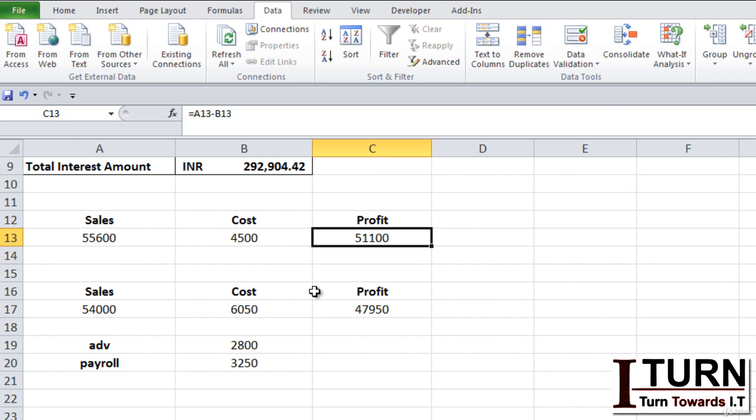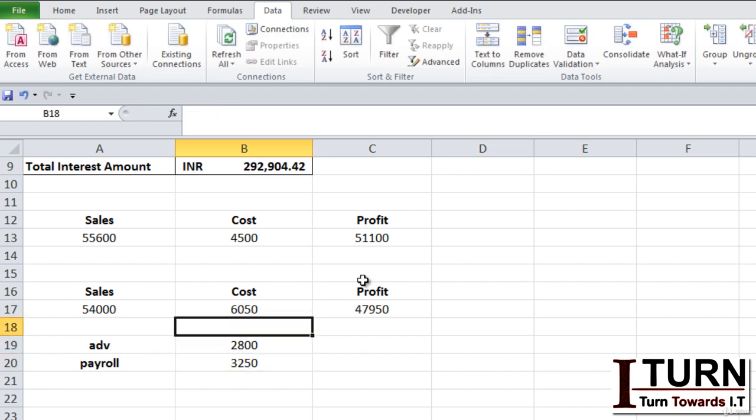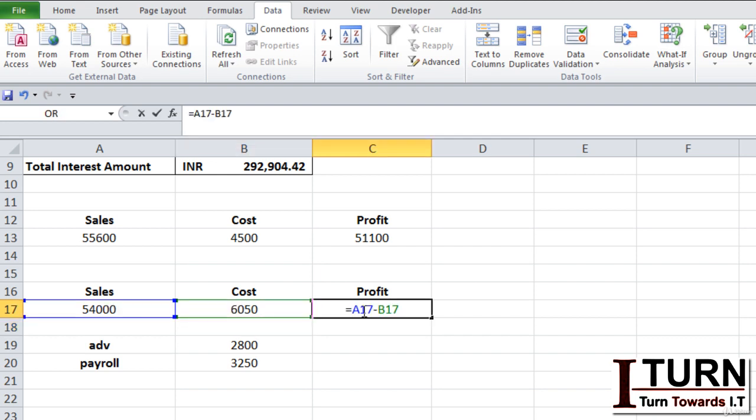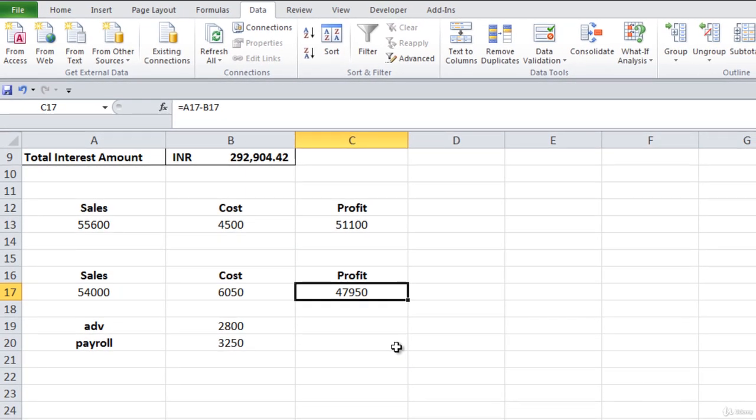Now I am making it a bit complicated. Here it's sales. The cost, you may see in the formula bar, is from B19 and B20, means this particular cell value plus this particular cell value. So this is the cost, and profit is sales minus cost. Now here in profit, I want to set the goal to 49,000.